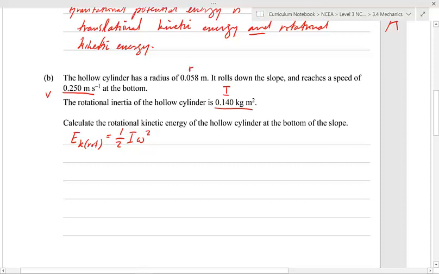We know that for a rolling object, if it's moving at a speed v, then a point on its rim will also be moving at a speed v. And that means that the angular velocity for a rolling object is just the speed that it's moving at divided by the radius.